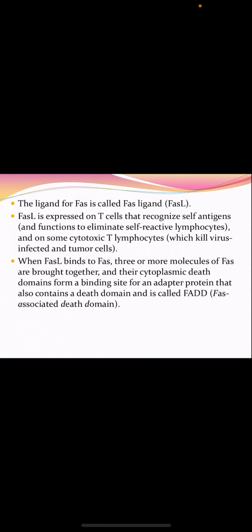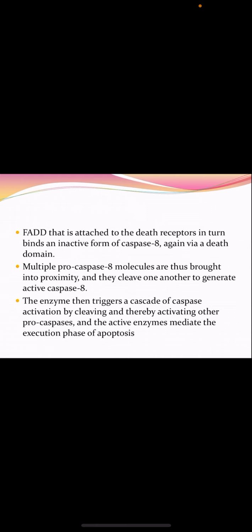T lymphocytes. When FASL binds to FAS, three or more molecules of FAS are brought together, and their cytoplasmic death domains form a binding site for an adapter protein called FAS-associated death domain. FAS-associated death domain, attached to the death receptor, in turn binds to the inactive form of caspase 8, again via the death domain.